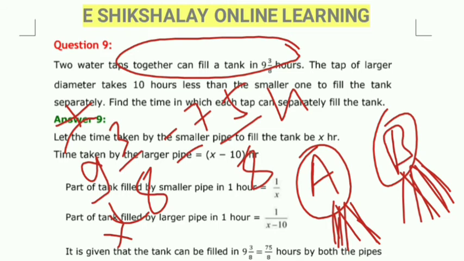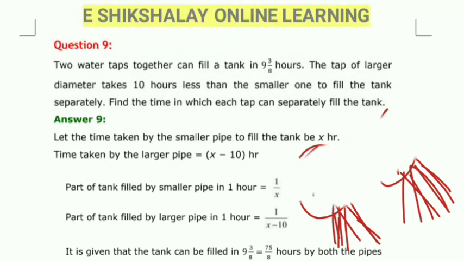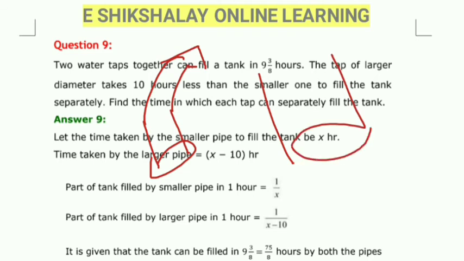Now it is saying that the tap of larger diameter. Let us consider the two taps. One has a larger diameter and another has a smaller diameter. Just elaborating with a figure, let us consider this is a tap and this is another tap.